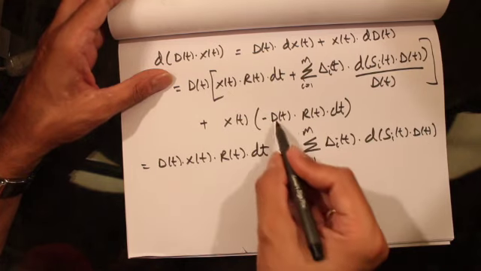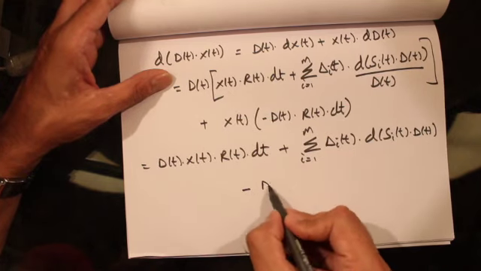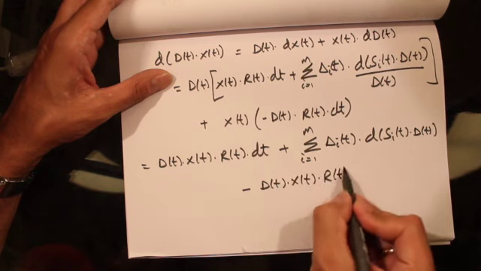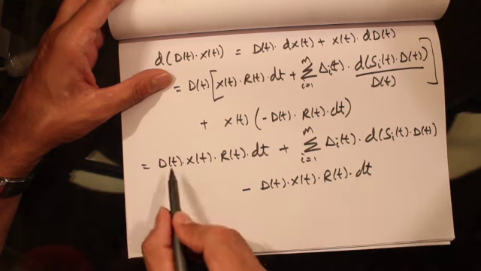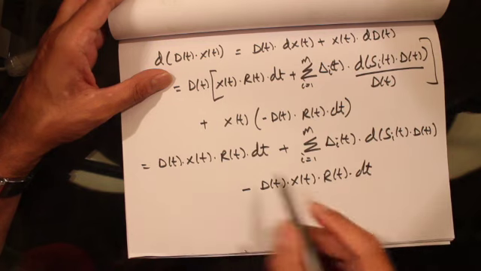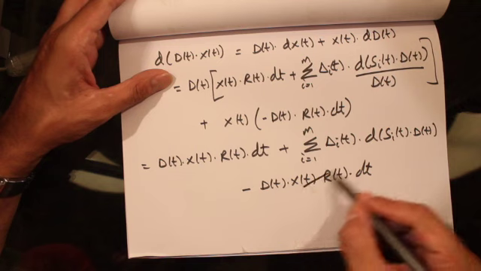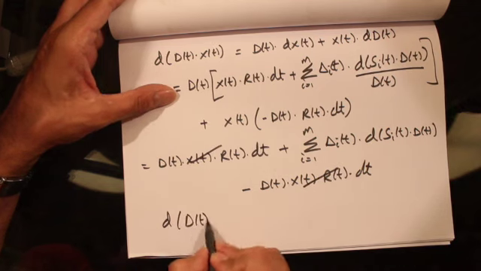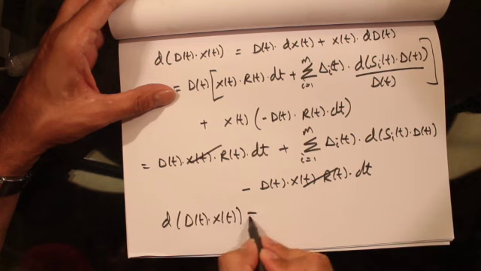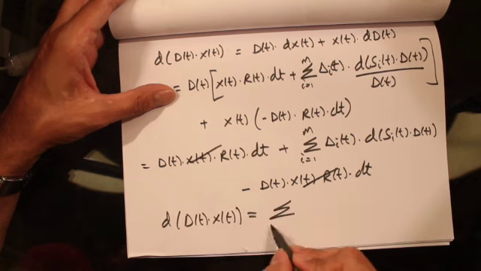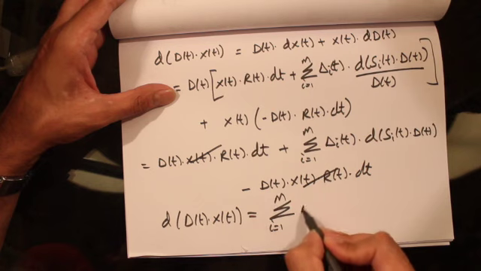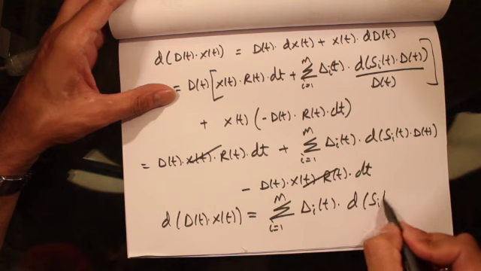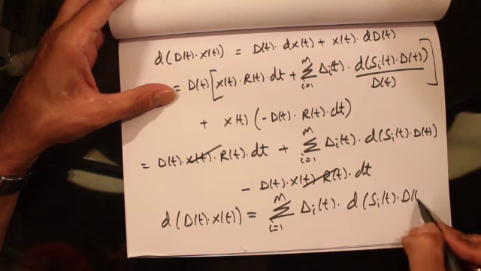And then I have this minus D(t) X(t) R(t) dt. I have D(t) X(t) R(t) dt and minus D(t) X(t) R(t) dt, so this basically cancels out, and I'm left with d of D(t) X(t) equal to the summation i equals 1 to m Δi(t) D(t) dSi(t).